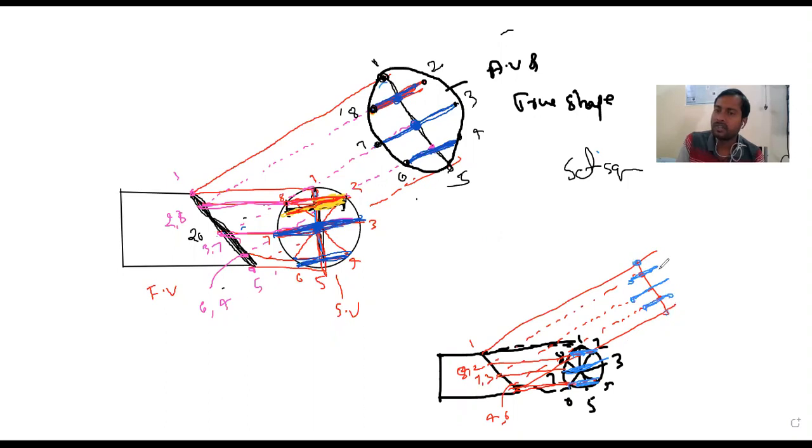And these points will be 1, 2, 3, 4, 5, 6, 7, 8, just like a circle, and combine these points, that will become an ellipse, and the circle is converted to an ellipse. This is called auxiliary view or true shape.